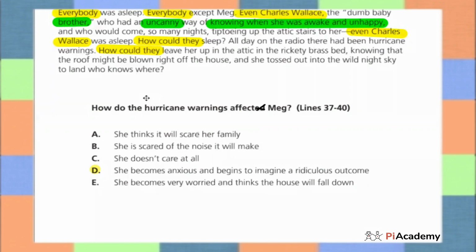And then we've got knowing that the roof might be blown right off the house, and she tossed out in the wild night sky to land who knows where. Well, okay, yes, hurricanes can do some damage. However, the likelihood of that happening, and her parents aren't overly concerned. And so she's imagining all these ridiculous kind of outcomes that perhaps could happen, but are very unlikely to. Well done, guys.